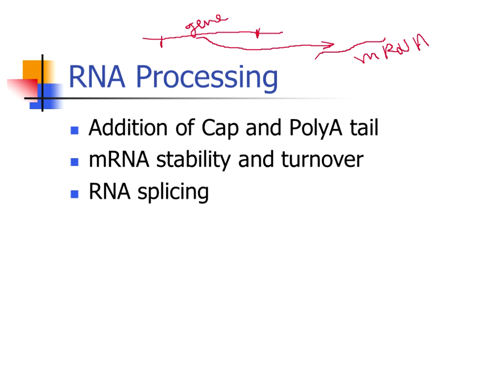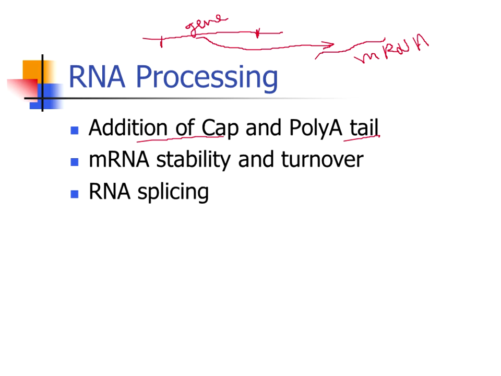So for example, you have addition of the cap and tail. On the messenger RNA, on the 5' end there is a cap put on, and on the 3' end a long tail that is added. And we'll talk about the functions of those in control of gene expression.